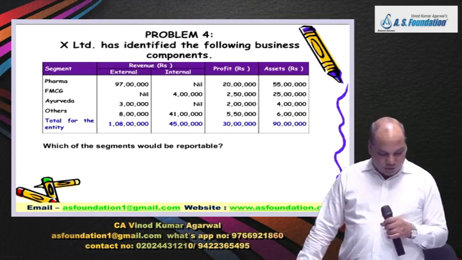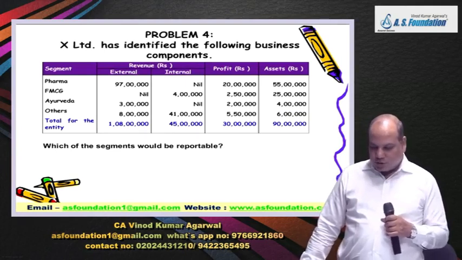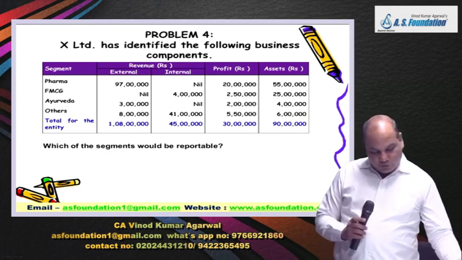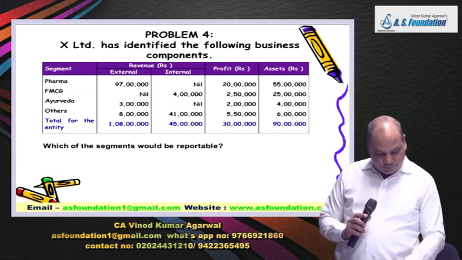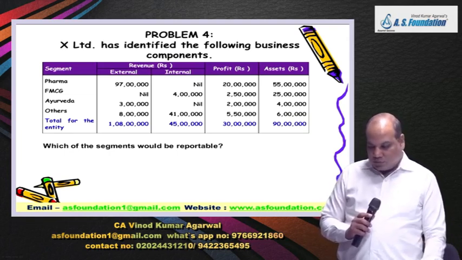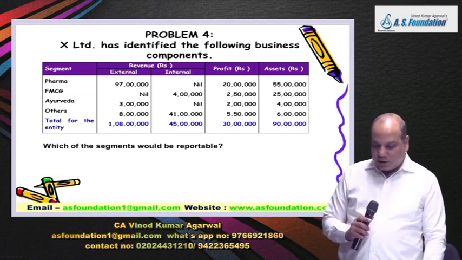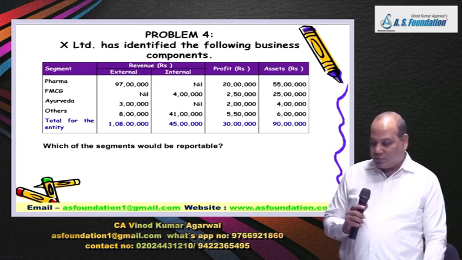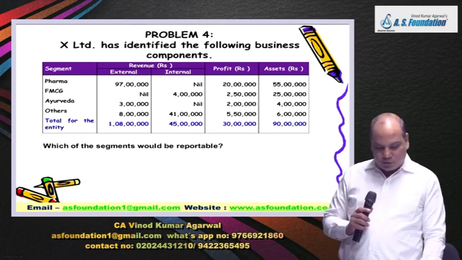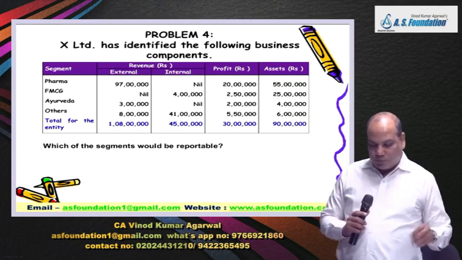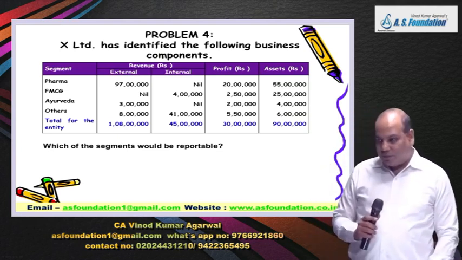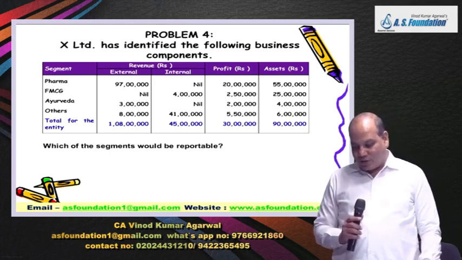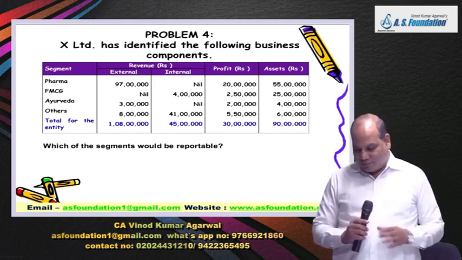Now I will check whether you are listening to me or not. Come to question number 4. X Limited has identified the following business segments or components. There are 4 business segments: Pharma, FMCG, Ayurveda, others.